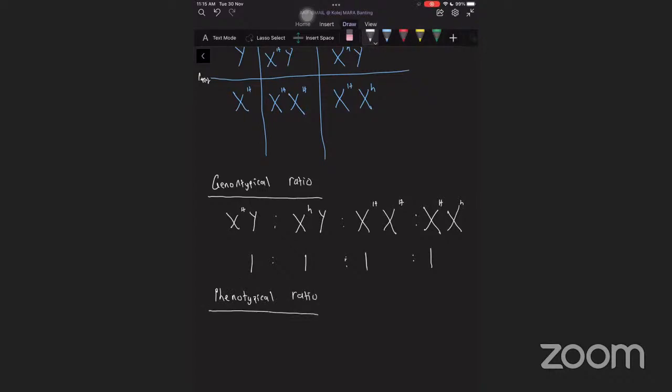So thank God, in the cross that we did just now, all 4 offspring have different phenotypes.